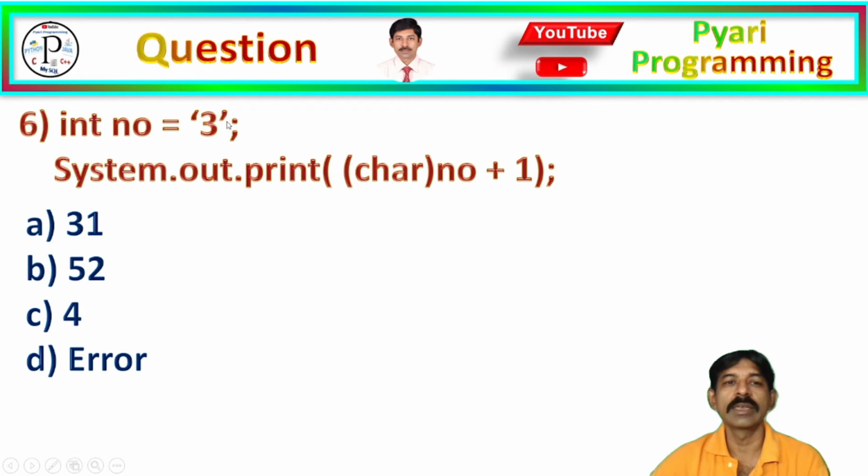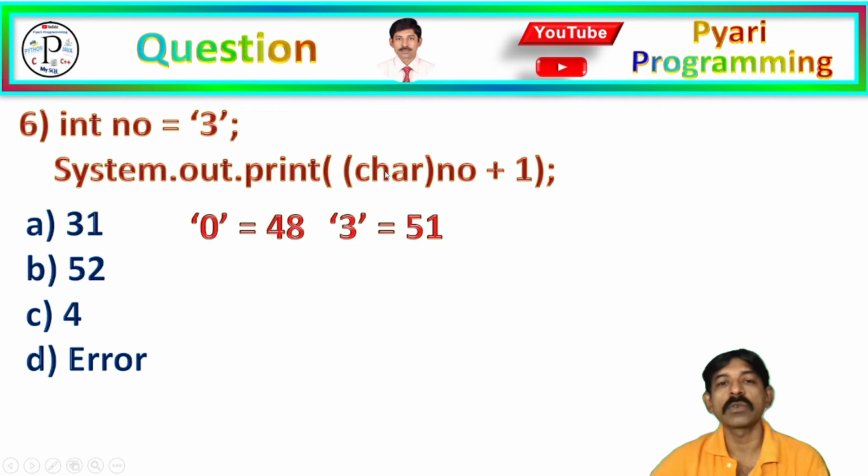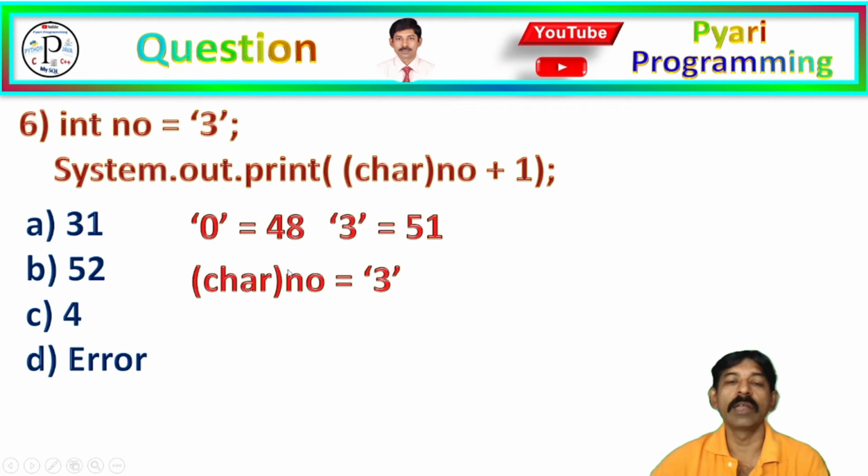That means 3 is considered as a character and its ASCII value will be stored in no. So what is the ASCII value of 0? 48. So what will be the ASCII value of 3? 51. After this, to whom is it converting? It is not converting no plus 1 into character. It is converting no to character. So that means no contains your 51. Now its character form is again 3.